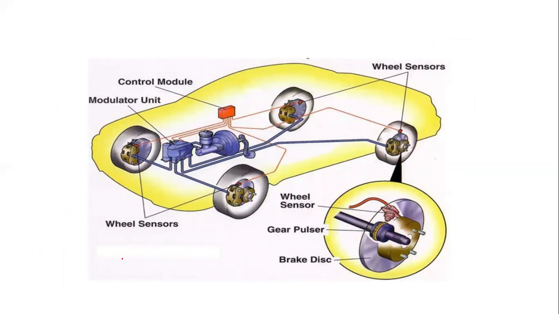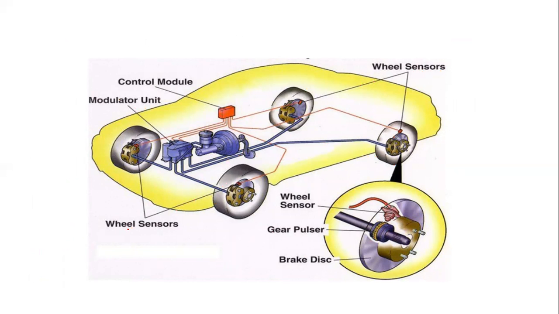So this is the layout of the traction controlled equipped automobile. It's a clear layout, we can see clearly. What are the major components involved in this assembly?